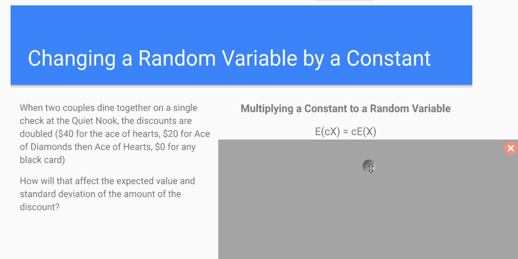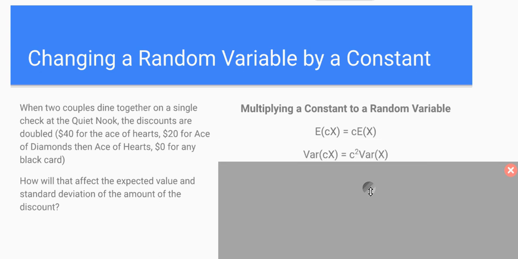What we would multiply the variance by is not 2 in this case, but 4, right? Because when you're talking about the variance, you have to remember that to find the standard deviation from the variance, we take the square root. Well, to account for that, we have to square the constant when we're adjusting the variance.